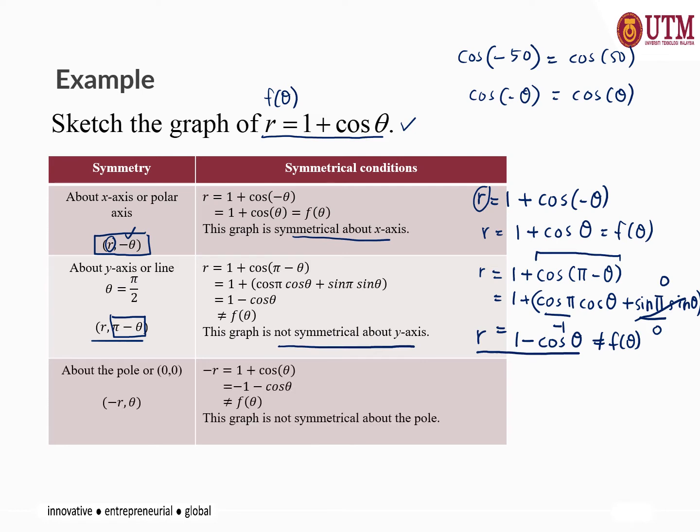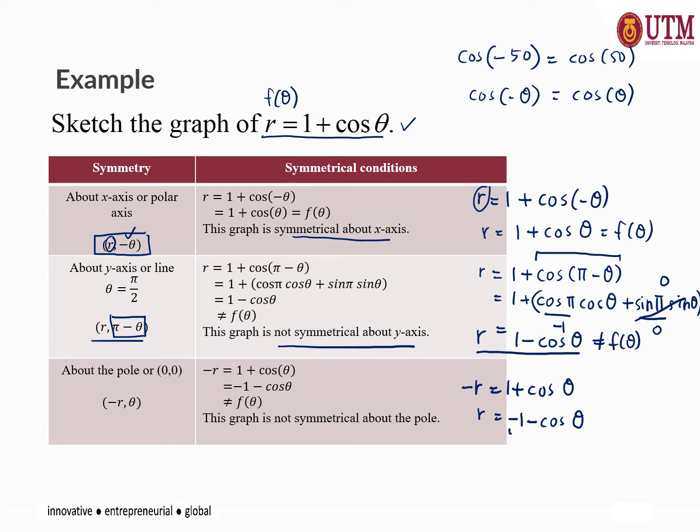Okay, now the last one is to check the symmetry about the pole, or 0, 0. Here, what we use is negative r, theta. So substitute r with negative r equals 1 plus cos, and we use theta, so it just remains the same. We bring this negative to the right-hand side, and it becomes r equals -1 minus cos theta.